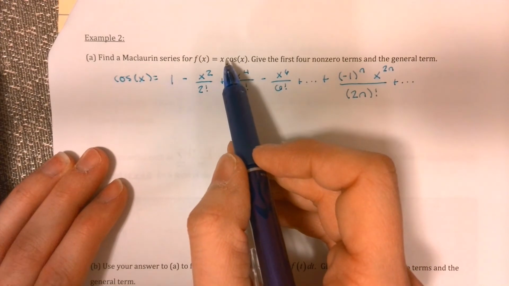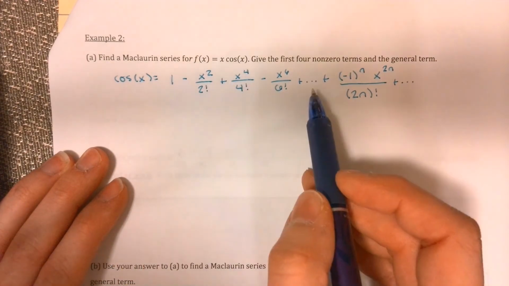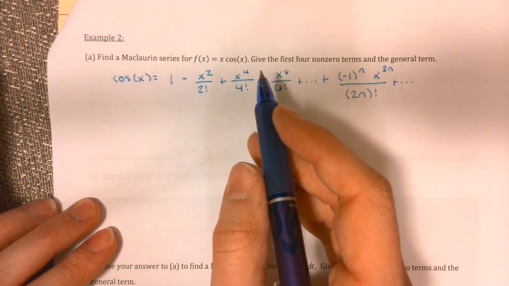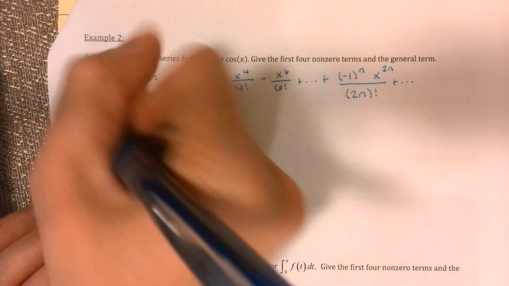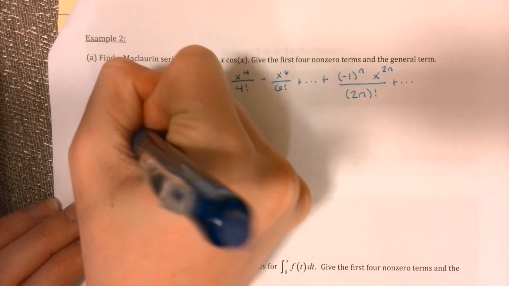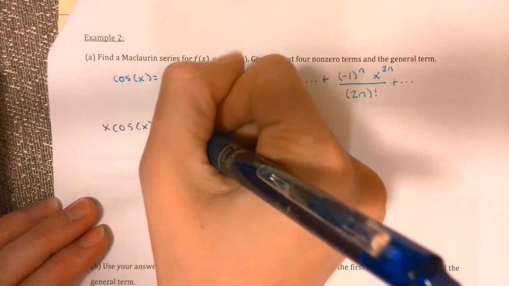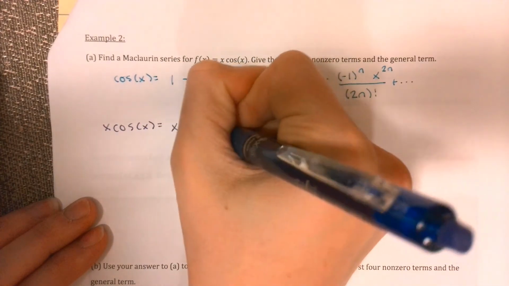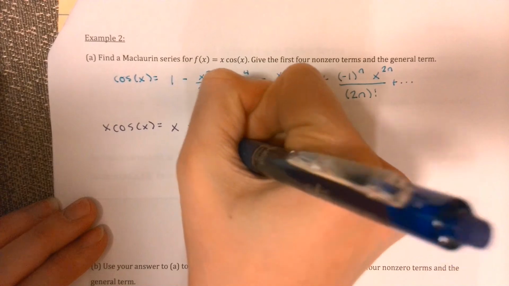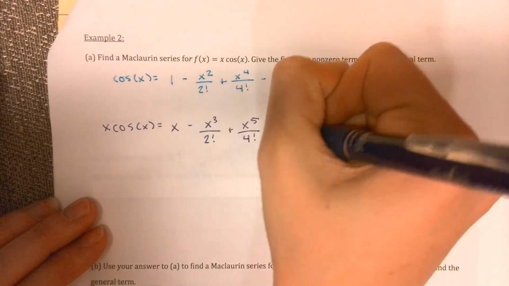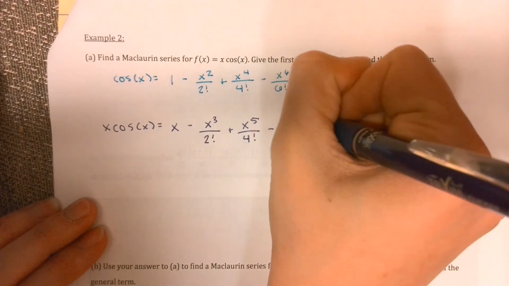So if I want to transform this series into the series representing x cosine of x, I just multiply by x. Okay, which is really nice. So x cosine of x is multiplying each of these individually by x. So x minus x cubed over 2 factorial plus x to the 5th over 4 factorial minus x to the 7th over 6 factorial.